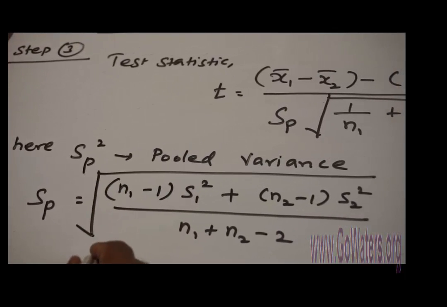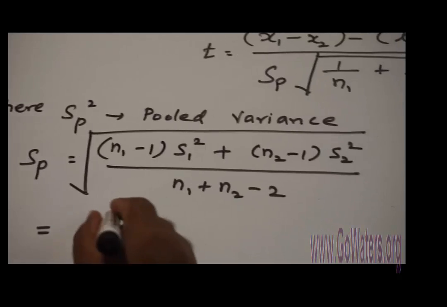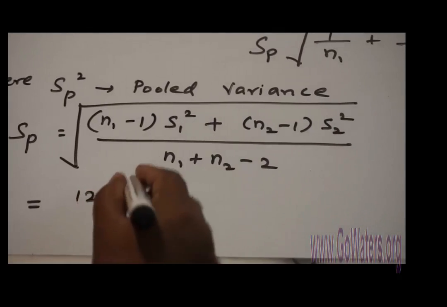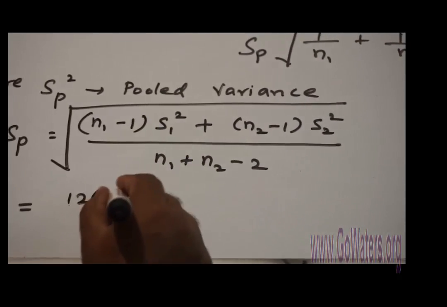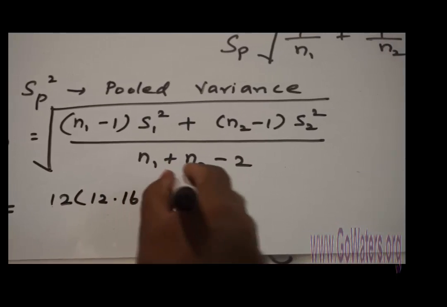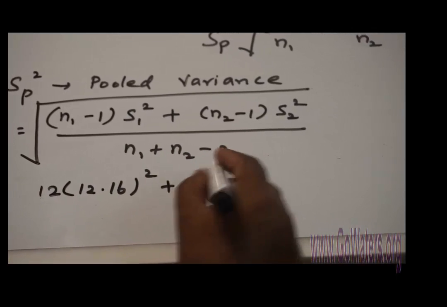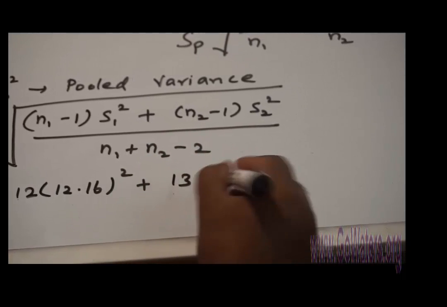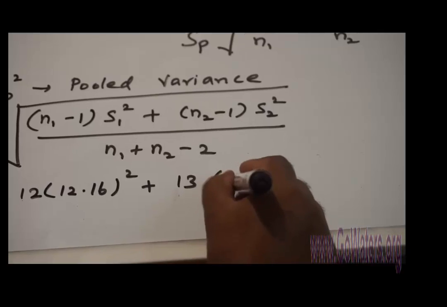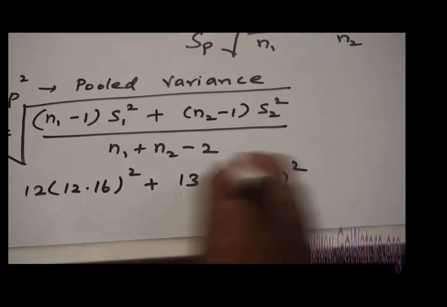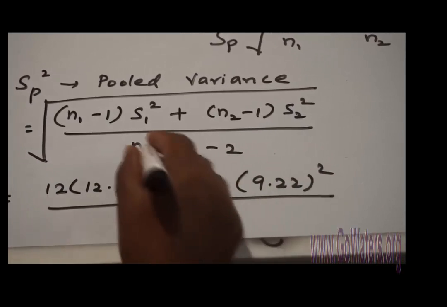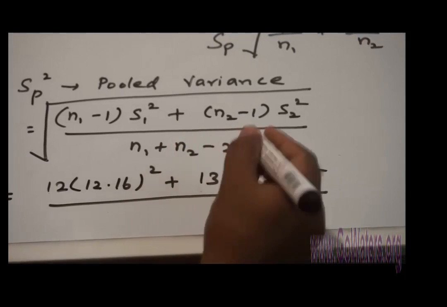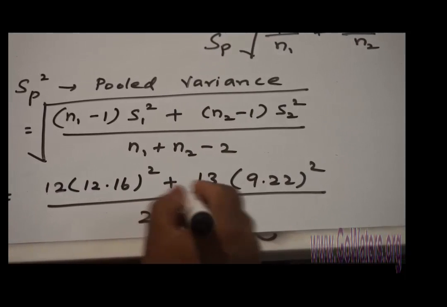So n1 is 13, so 13 minus 1 is 12, into s1 square, which is 12.16 squared, plus n2 minus 1, so 14 minus 1 is 13, into s2 square, which is 9.22 squared, the whole divided by n1 plus n2, which is 27, minus 2, which is 25.